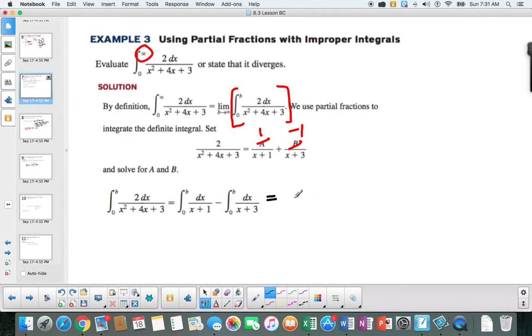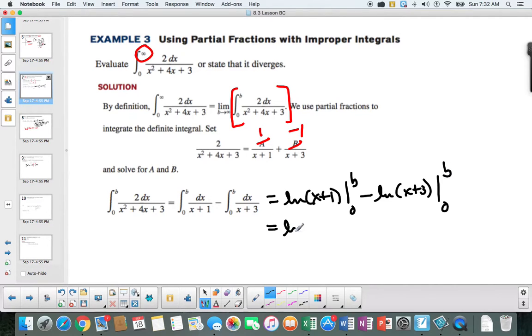This will be the natural log of x plus 1 evaluated from 0 to b, plus the natural log of x plus 3 evaluated from, oh, I should have put a minus here. Let's see, that was a minus. So equals the natural log of x plus 1 evaluated from 0 to b, minus the natural log of x plus 3 evaluated from 0 to b.